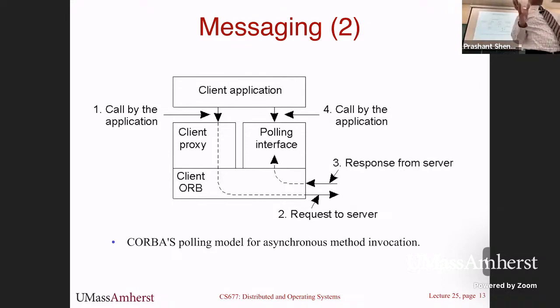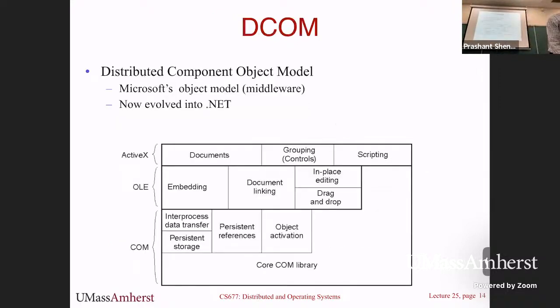Both of these are approaches where you can use asynchronous RPCs, but not have to wait for the response and then get back a reply, either using callback or polling. Is that clear? Any questions on this? So that is Corba's asynchronous method invocation.